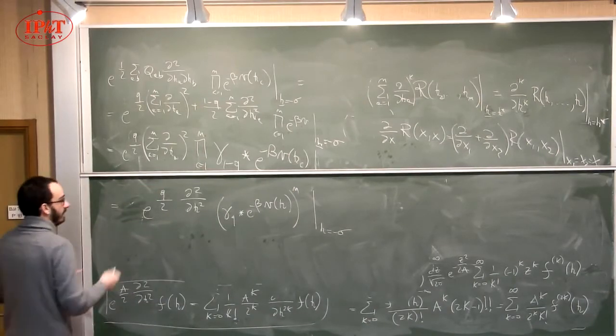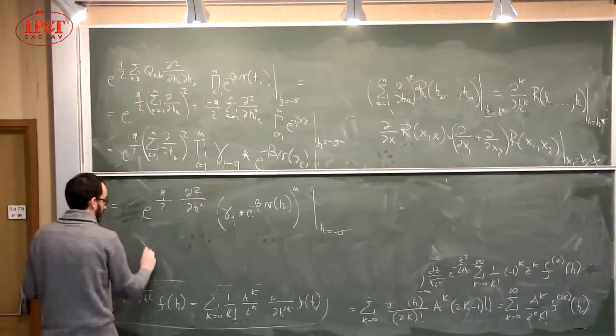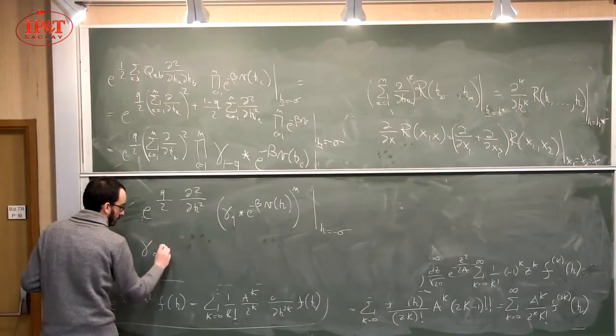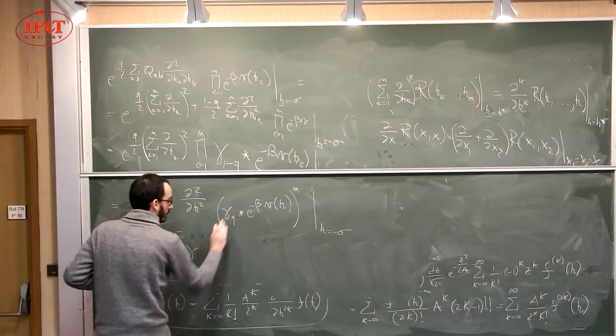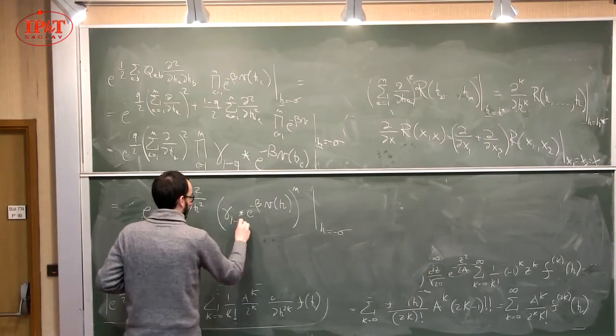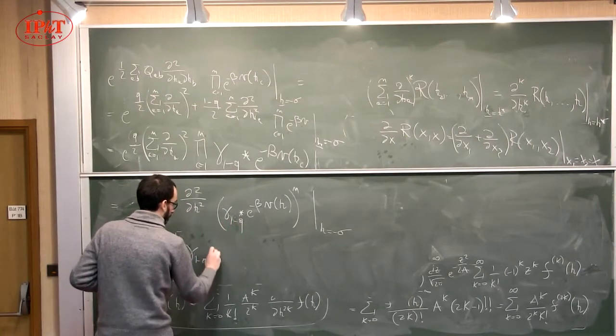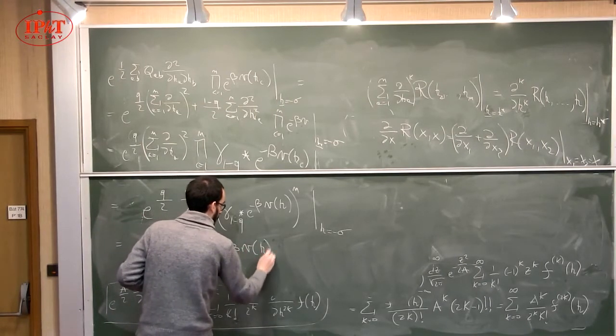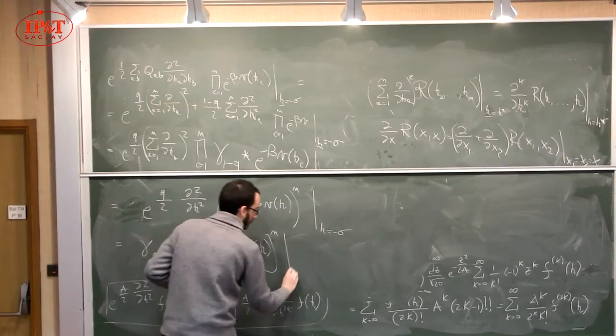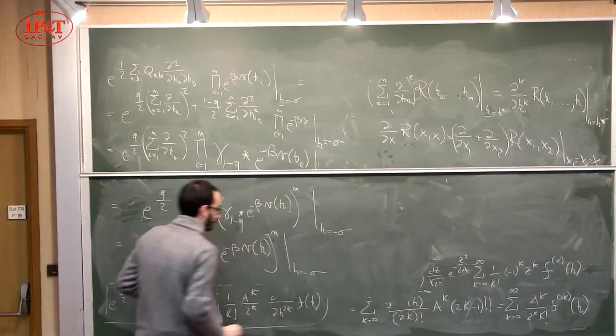Right? And then I use the same trick as before. So this is gamma of q. Sorry, this is 1 minus q. Okay?